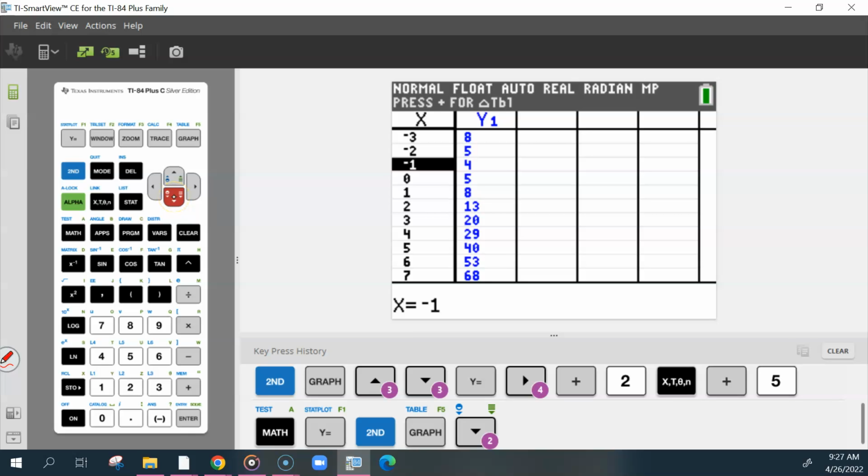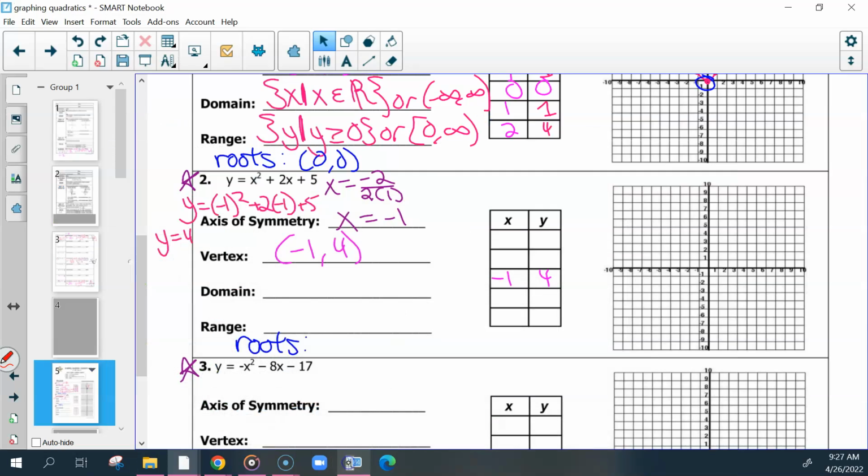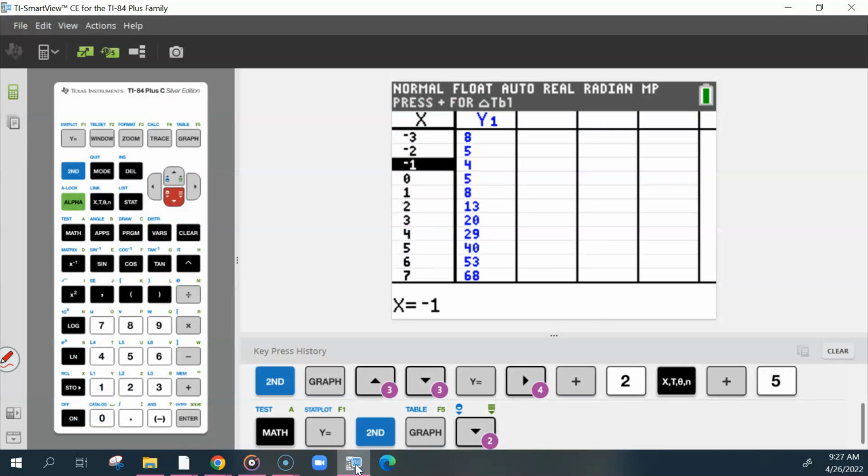Oh, we didn't fill out the x's, we should have done that. The order in which you do that doesn't really matter. But you would fill in these, so -3, 8, -2, 5, and then 5, 8 for the others.